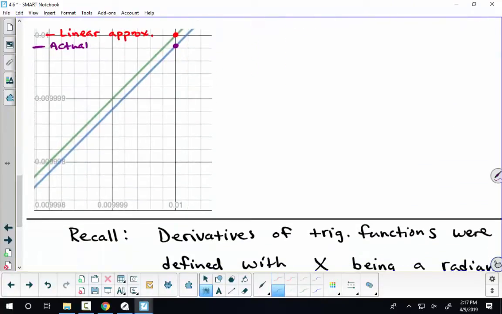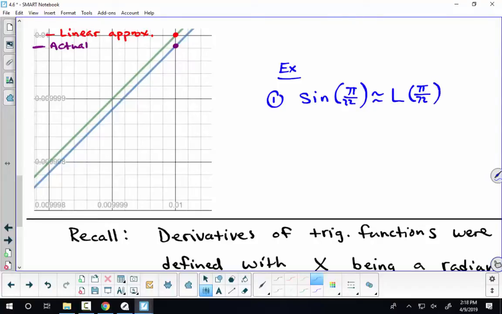So, a couple of other examples. Like the sine of pi over 72 is approximately equal to the linear approximation evaluated at pi over 72. And again, our specific linear approximation was just x itself. So the linear approximation evaluates to the input. So the sine of pi over 72 is pretty much pi over 72.